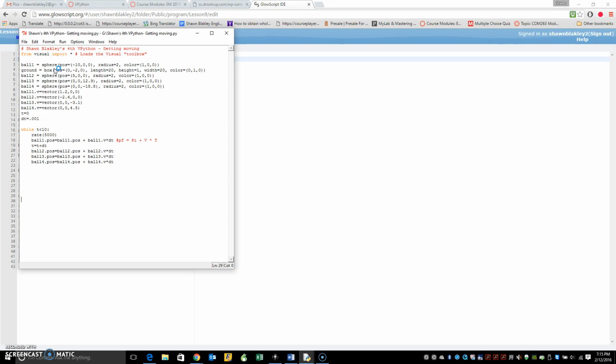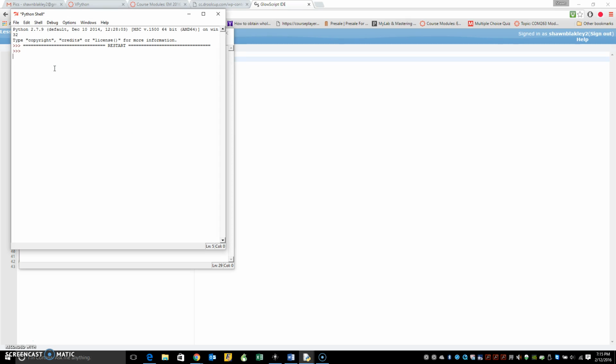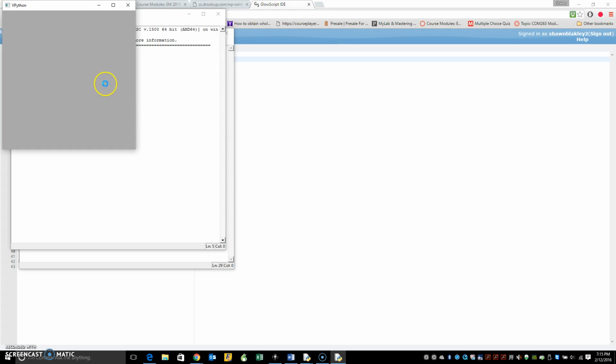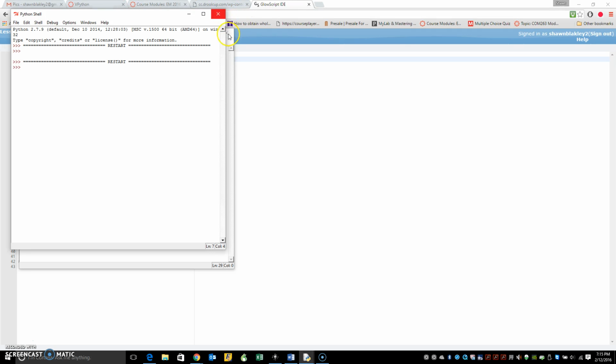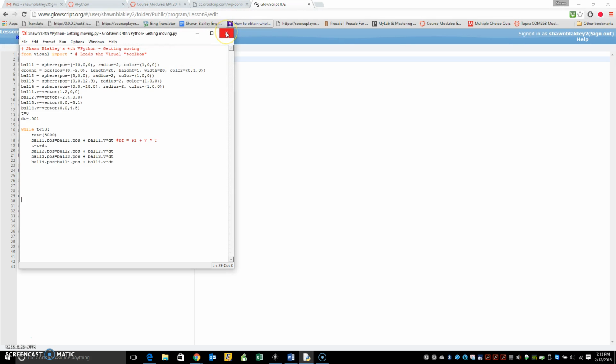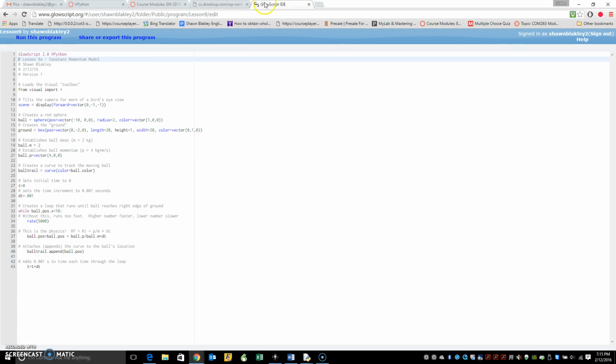So we're running the module now. Might take a minute. Here we go. Okay, so as you can see, we had all 4 balls coming together and separating. That was number 4. That's just an example of showing you what it does.